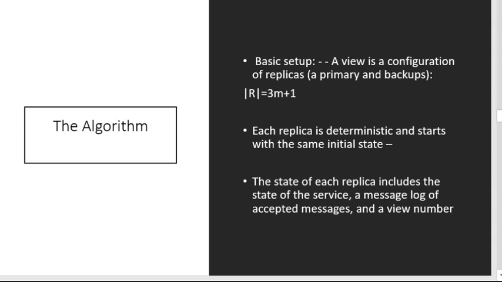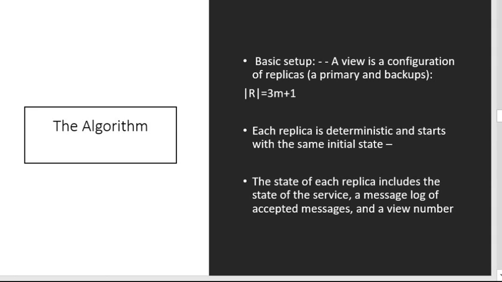So here also the same. Each replica is deterministic and starts with the same initial state. The state of each replica includes the state of the service, a message log of accepted messages, and the view number. Here the algorithm works based upon 4 different conditions.